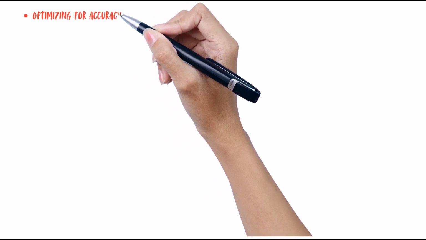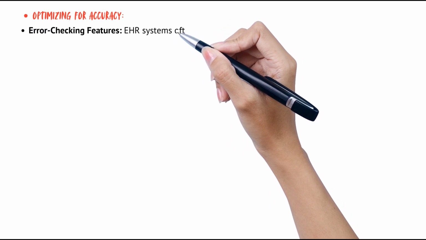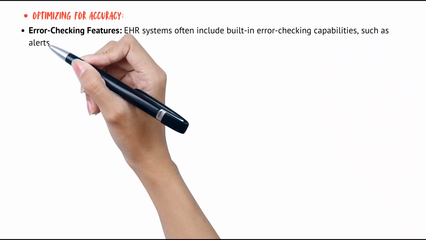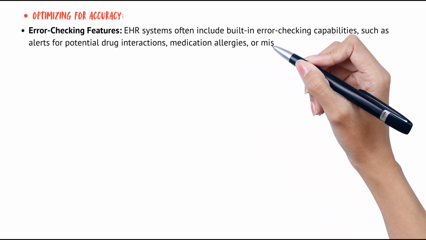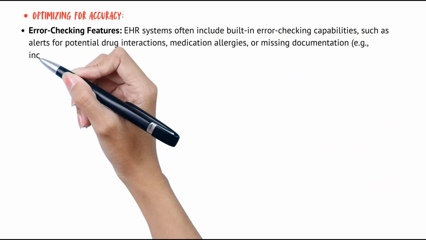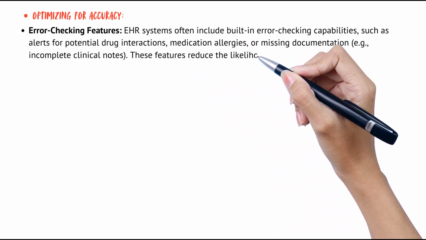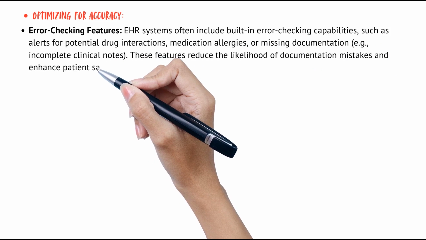Error-checking features. EHR systems often include built-in error-checking capabilities, such as alerts for potential drug interactions, medication allergies, or missing documentation, e.g., incomplete clinical notes. These features reduce the likelihood of documentation mistakes and enhance patient safety.